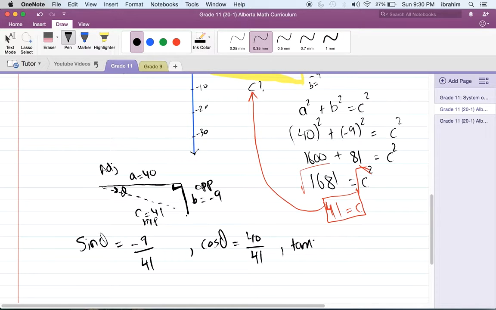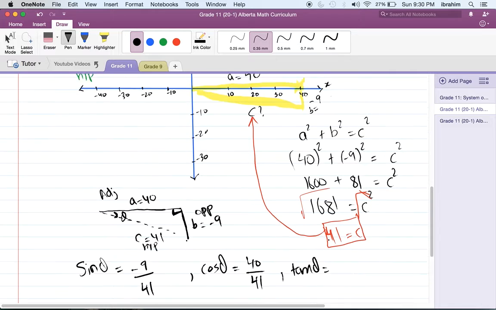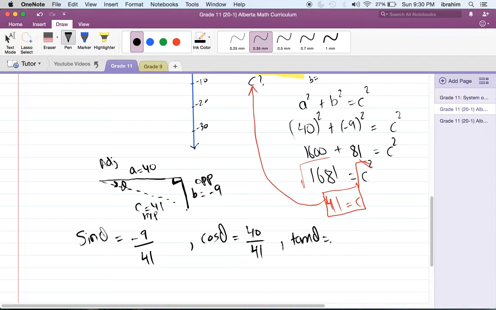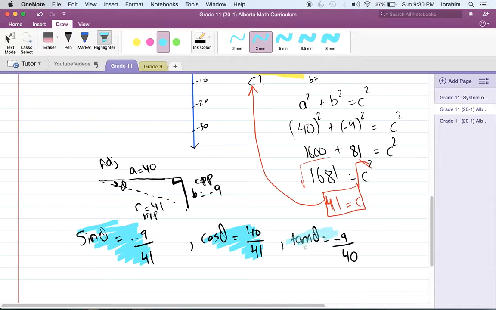And finally tan theta is opposite over adjacent, right? So opposite is -9 and adjacent is equal to 40. So these are essentially my trig ratios in this given question. Okay, so this is for cosine and then this one is for tangent.